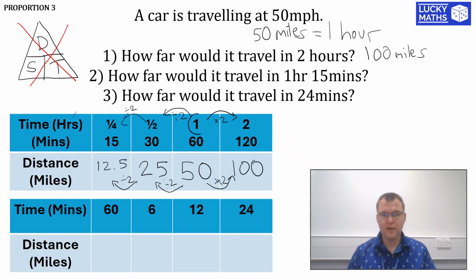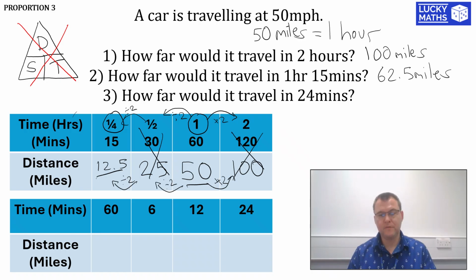So 1 hour and 15 minutes, or 1 hour and a quarter, is going to be 50 miles plus 12.5 miles. So again, I'll cross off the ones I don't need for this answer, but 50 plus 12.5 is 62.5, 62 and a half miles basically.